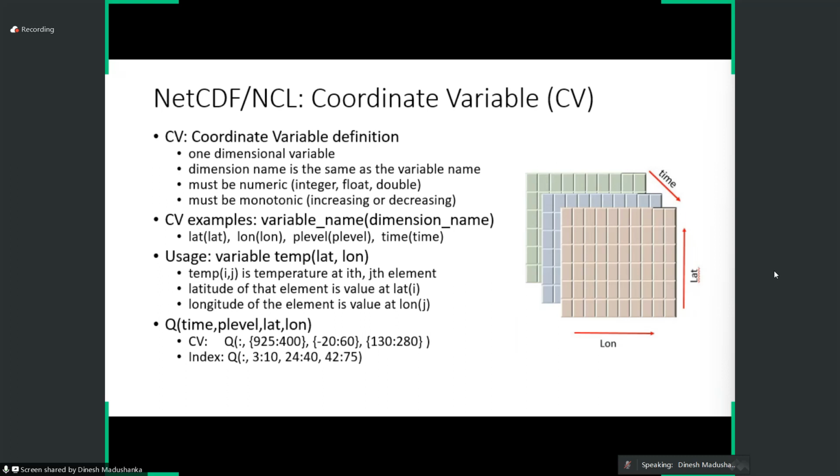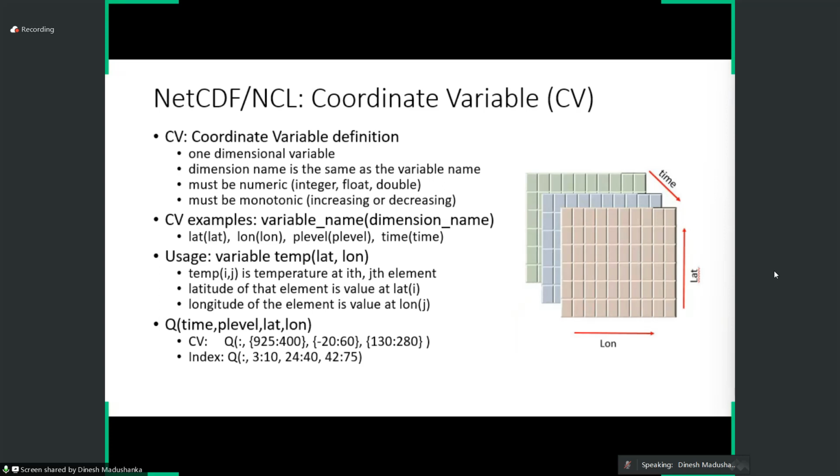And then you need to do subscript only for pressure levels from 925 to 400. If you have steps of 25, all the pressure levels between 925 and 400 will be selected.